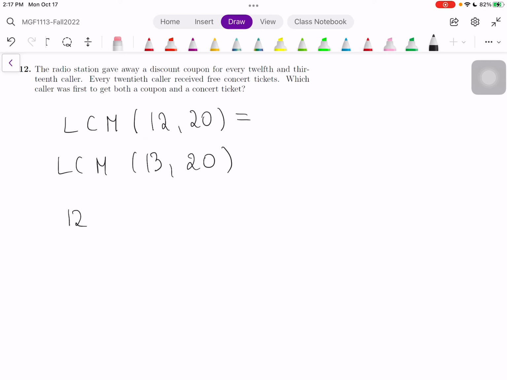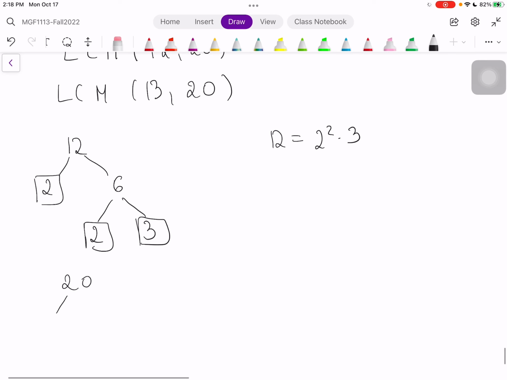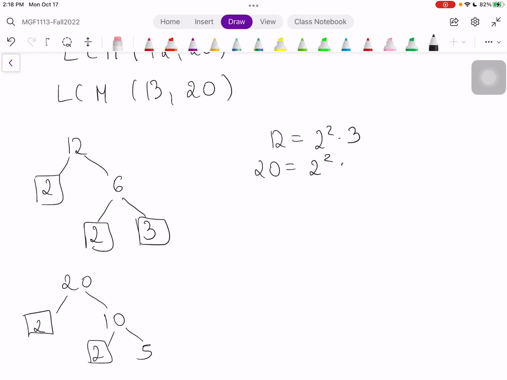Well, for 12, I'm going to go with prime factorization, which is 2 times 6, or you could have gone 3 times 4, and 6 is 2 times 3. So the prime factorization for 12 is 2 squared times 3, and for 20, I'm going to do 2 times 10, and 10 is 2 times 5. So 20 is 2 squared times 5.